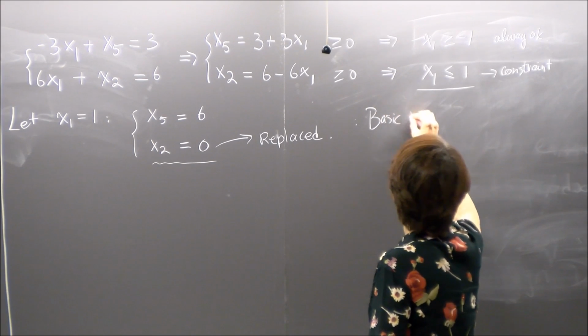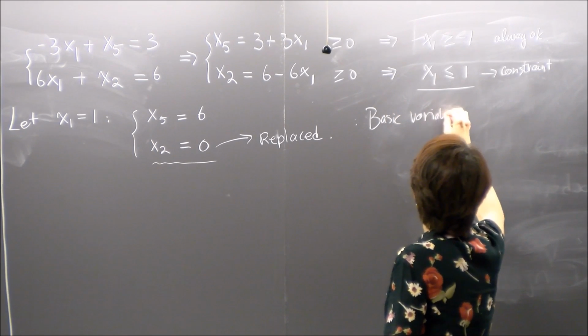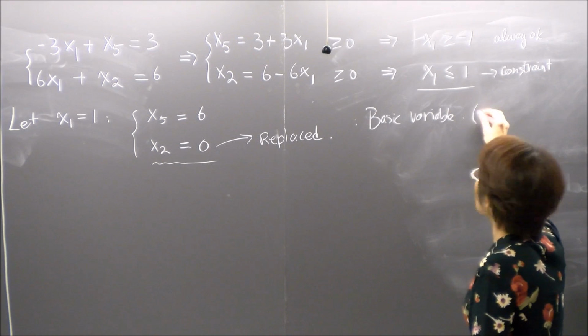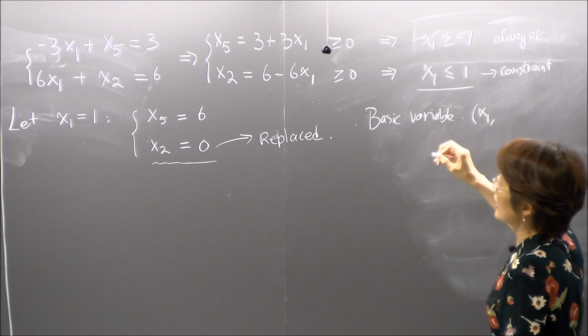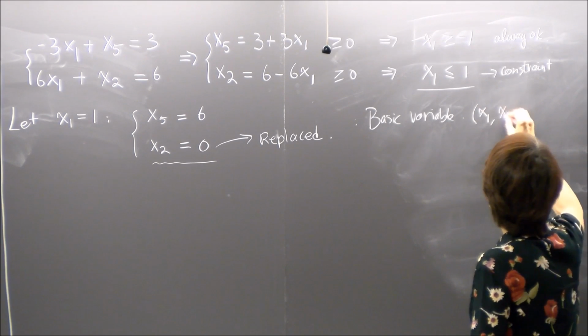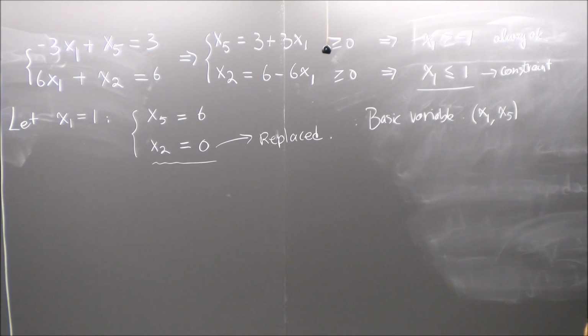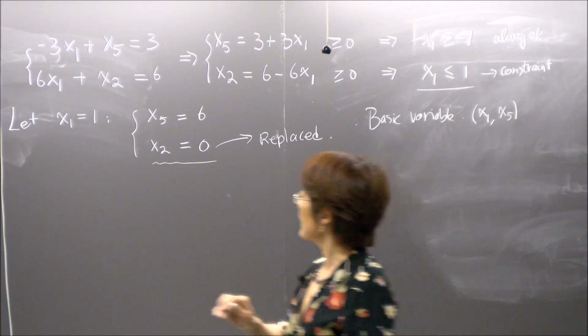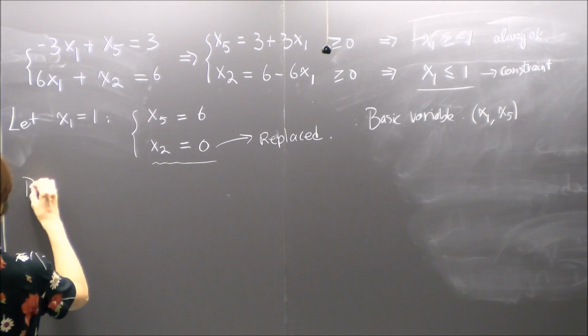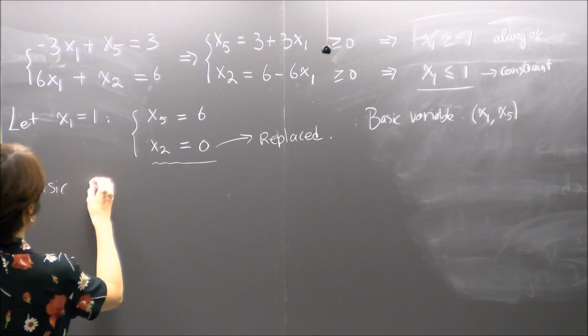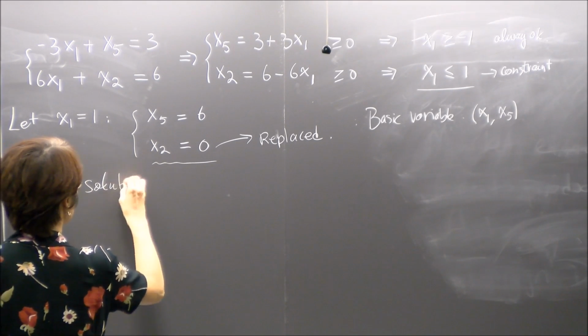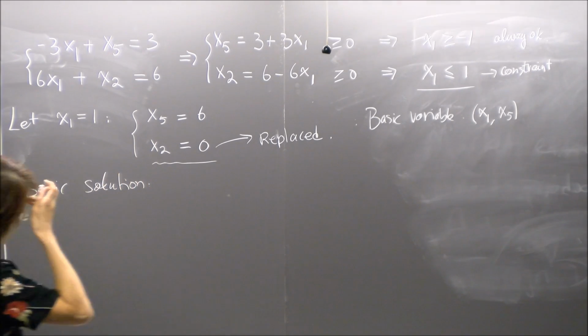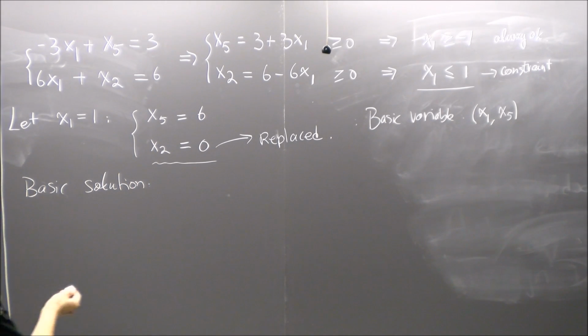So basic variable would be x1 and x5. And you will move everything else to be non-basic. Okay? Can we write out the basic solution? Everything is actually already on the board before I do the pivoting. What will be the basic solution?